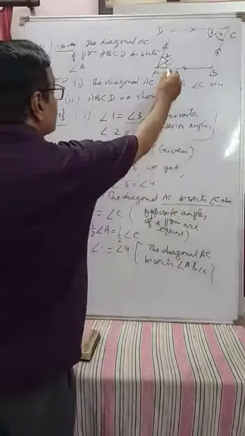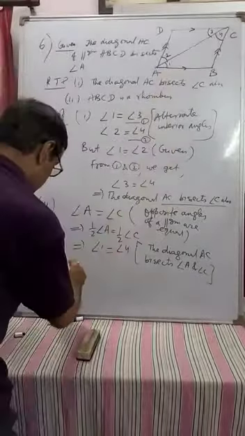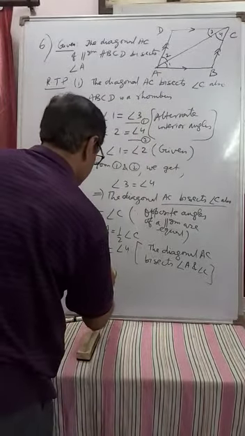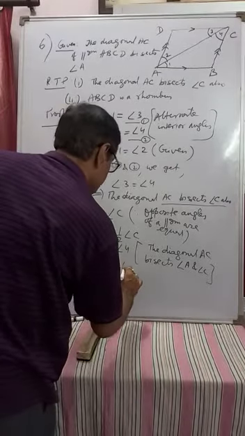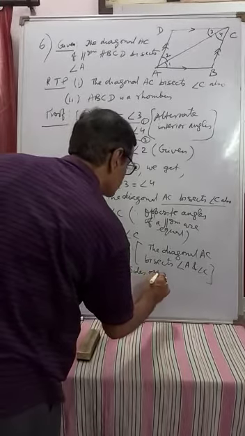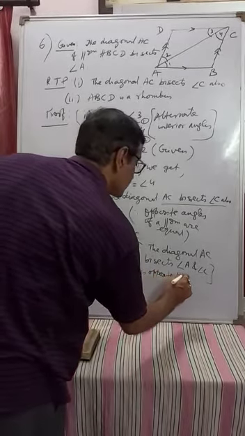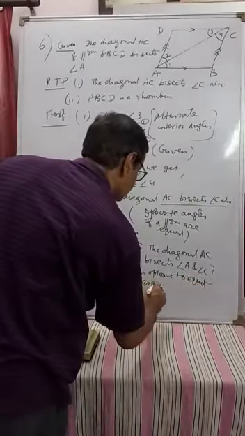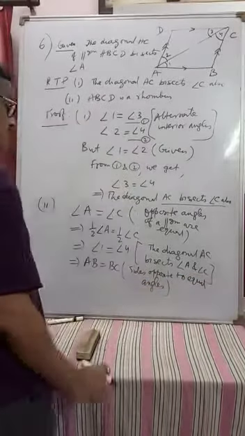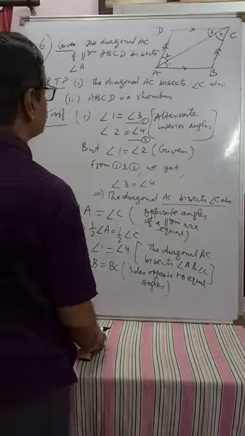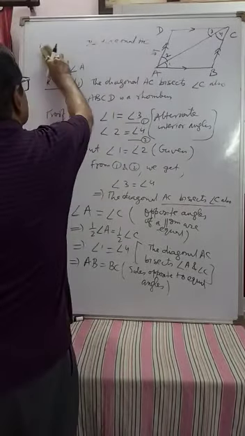So if angle 1 and angle 4 are equal, then their opposite sides must be equal, that means AB is equal to BC. We know this property: sides opposite to equal angles of a triangle are equal. So AB and BC are equal.